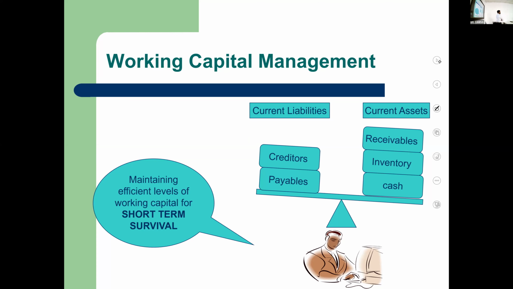Let's say you have 10 million. If you invest the entire 10 million in purchasing inventories, that's a waste, right? We need to select the optimum level of inventory, the optimum level of resources. Clear? So that's why we call it maintaining an efficient level, right?